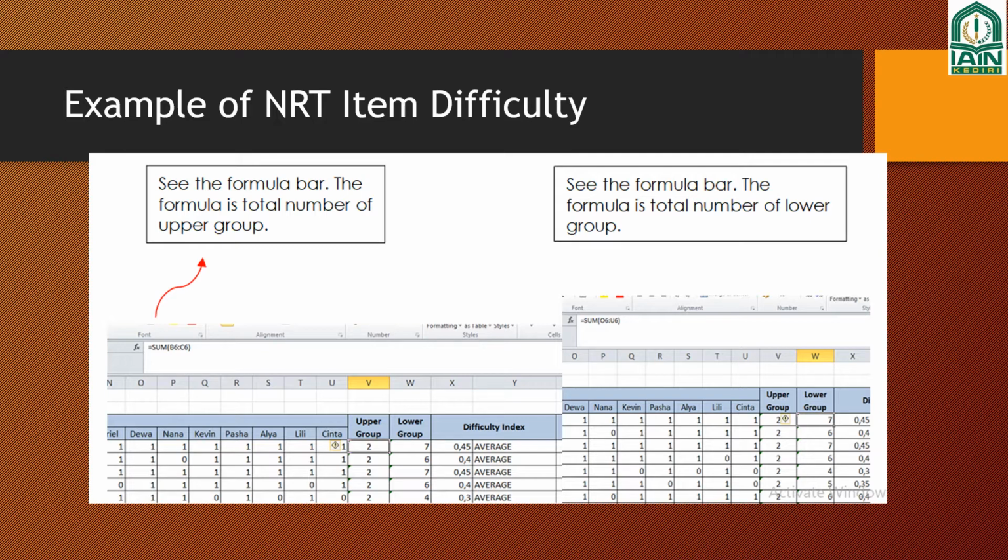So see the formula bar, equals sum, and click the row where the score of the upper group is. For the lower group, click the row where the lower group is.